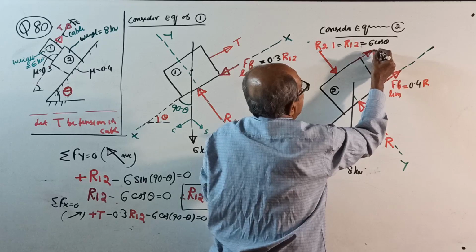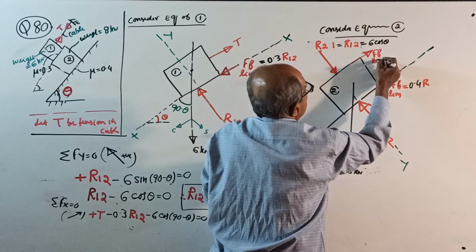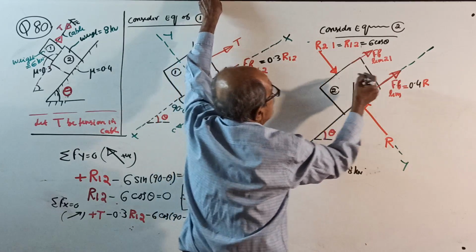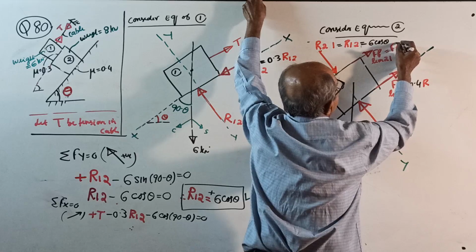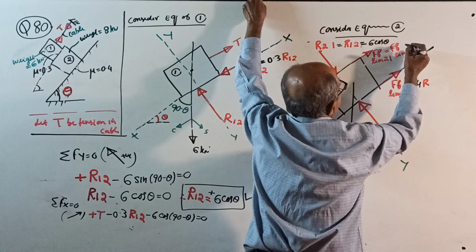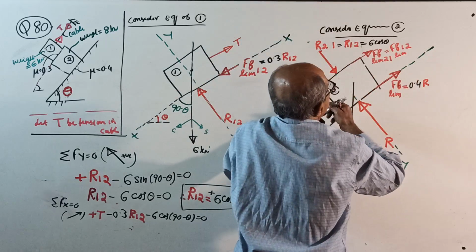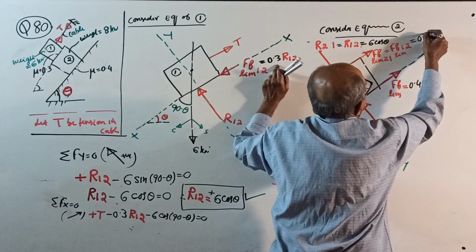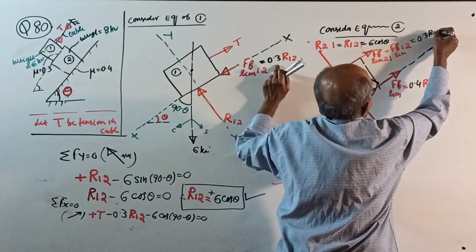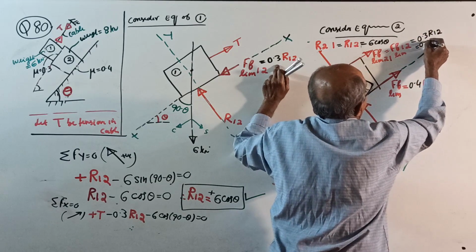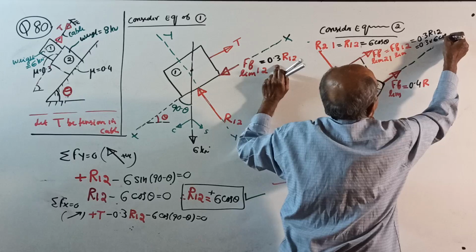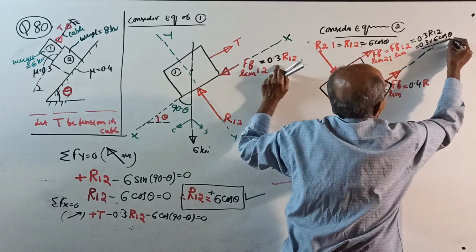See, this is friction limit for 2 from 1. Friction limit for 1 from 2 equals friction limit for 2 from 1, equal to 0.3 R12, which is 0.3 into 6 cos theta.